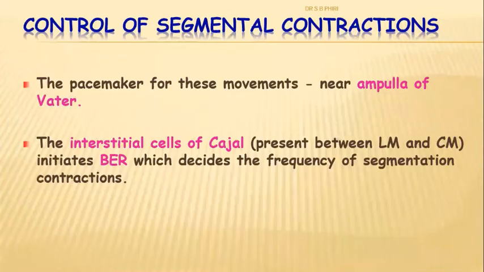Okay, so we proceed. How are the segmental contractions controlled? Of course, the interstitial cells of Cajal are involved in controlling the rhythm of motility. Remember, I told you the interstitial cells of Cajal set the rhythm at which the smooth muscle cells contract.